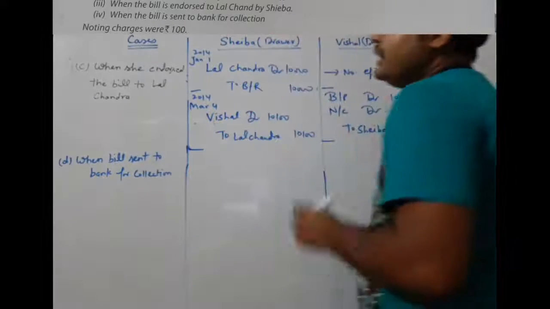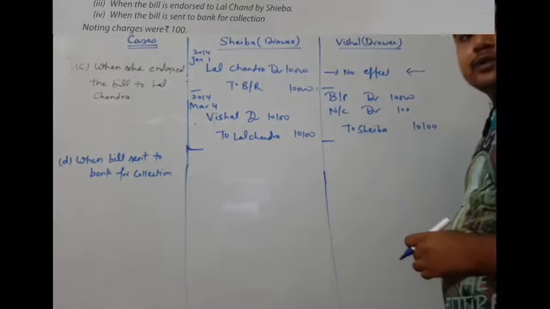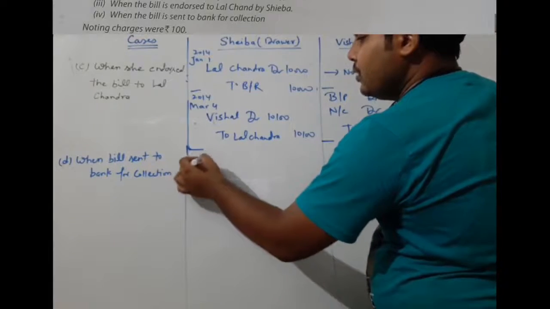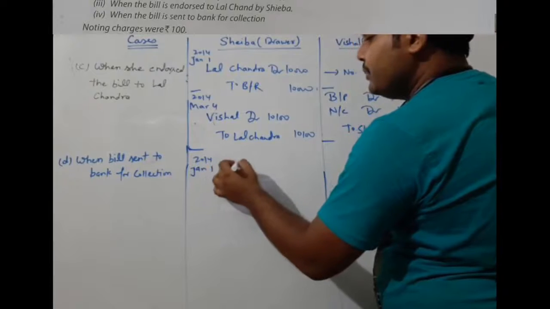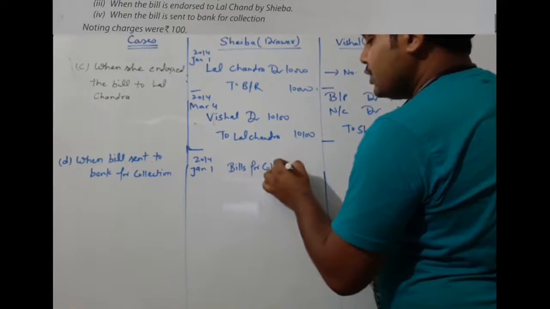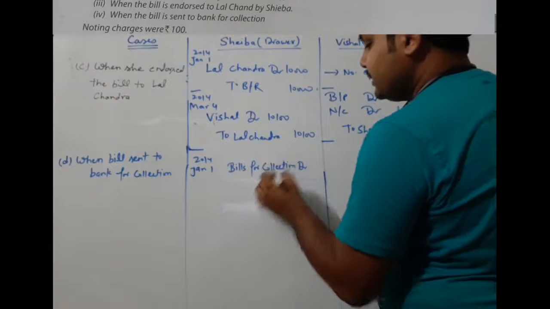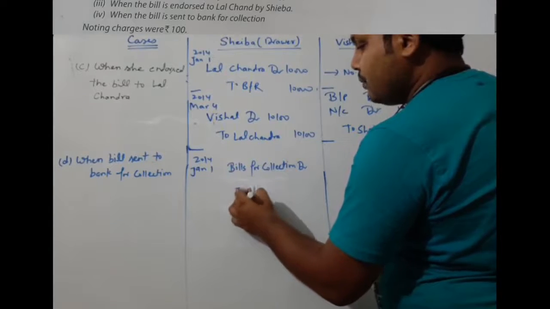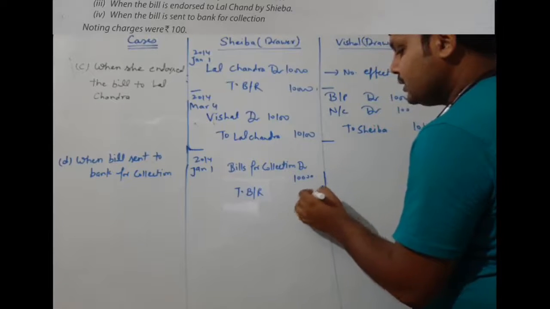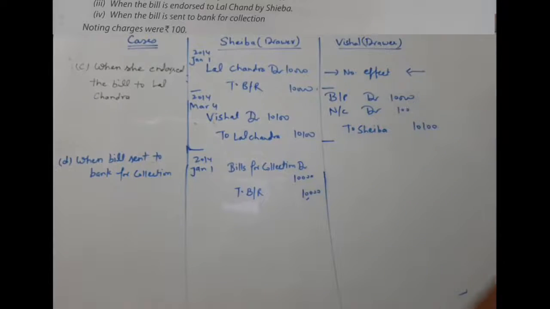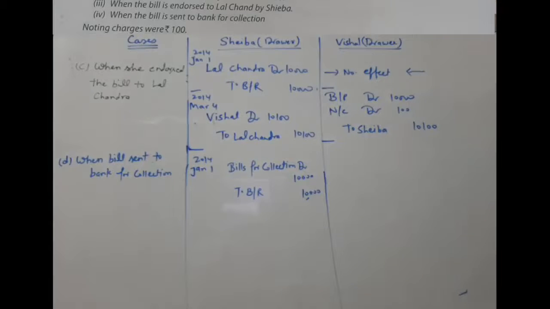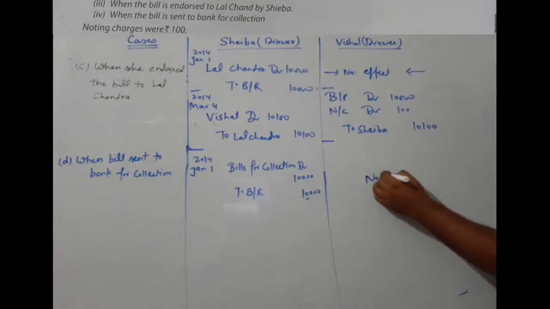So you know very well, immediately Saiba sends the bill for collection on January 1, 2014. So the entry will be bills for collection account debit to bills receivable, that is 10,000 and 10,000. So पहले बिल गया कलेक्शन के लिए, so the entry will be bills for collection account debit to BR, and you know very well इस पे कोई इफेक्ट नहीं पड़ने वाला है.